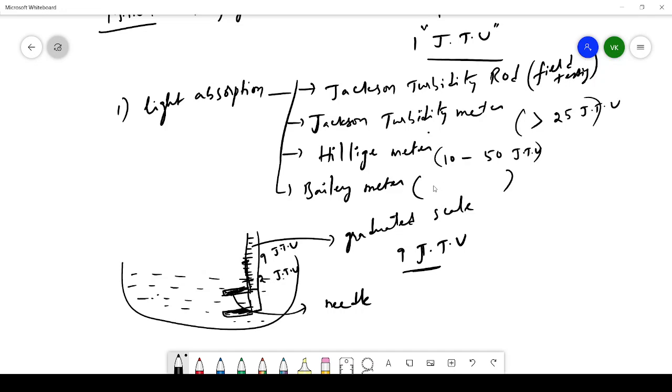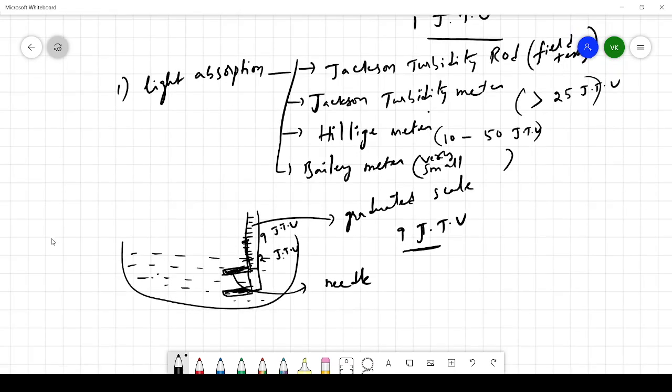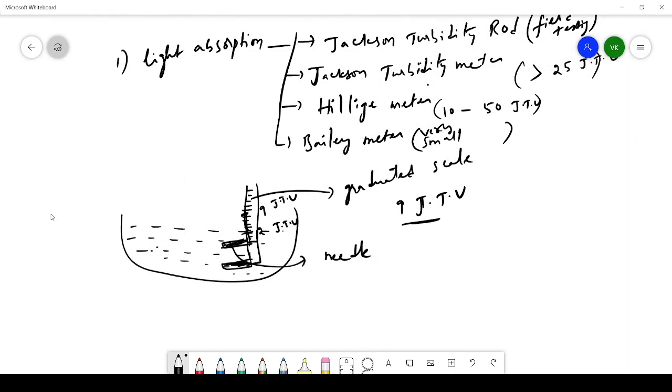And Bailey meter can measure the turbidity if the turbidity of water is very small. These are the 4 devices which are manufactured based on light absorption.